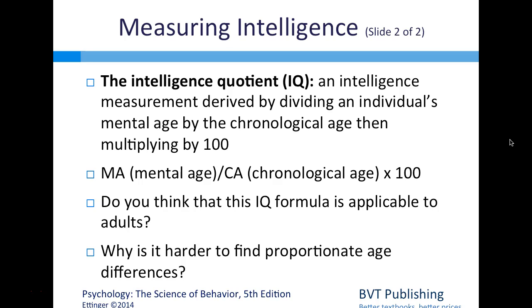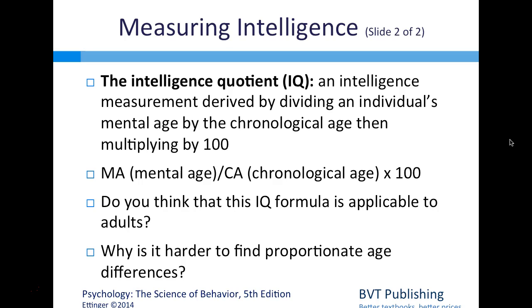So thinking about this, do you think that this IQ formula is applicable to adults, and why is it harder to find proportionate age differences? If we think about trying to use this for adults, the credibility breaks down.